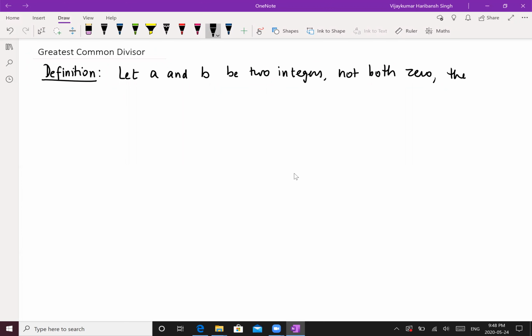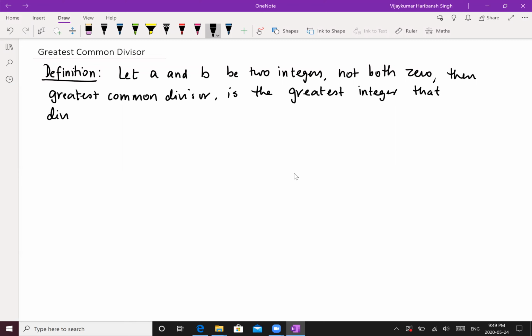Then the greatest common divisor is the greatest, or largest, integer that divides both A and B.